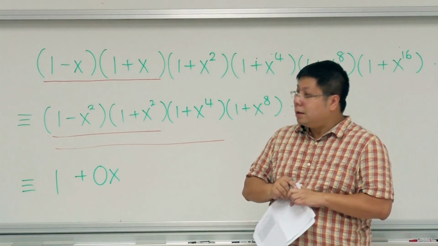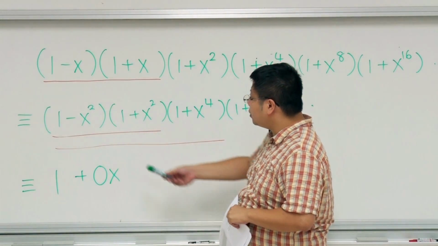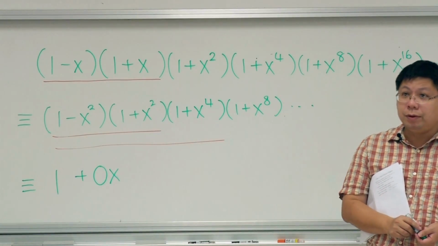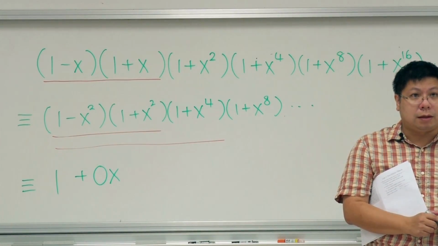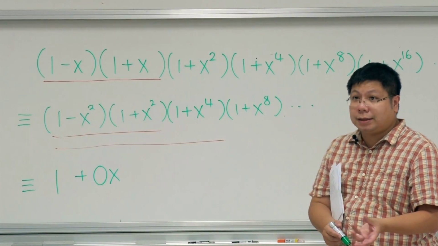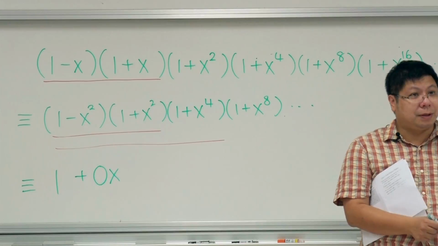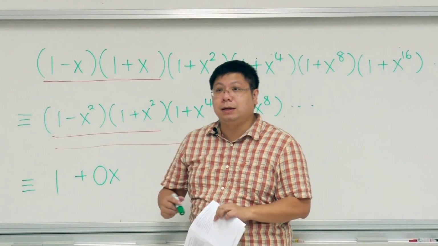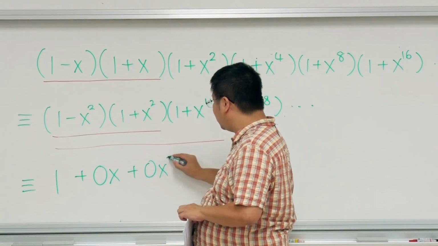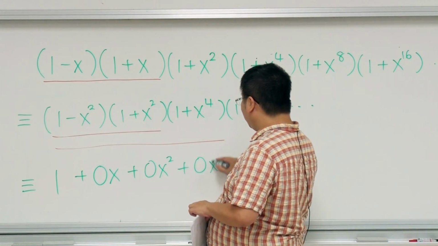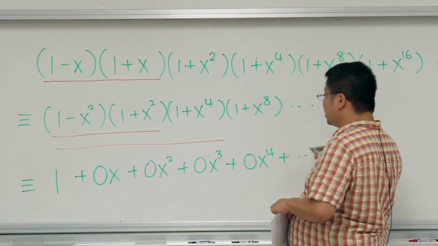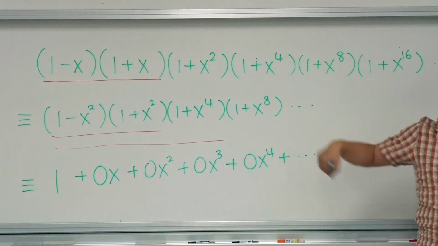Now, imagine when we combine these 2 together, it becomes 1 minus x to the power 4. Then we also discover that you can't have any x squared term, you can't have any x cubed term, because it is 1 minus x to the power 4 already. And if you look at this, it can go on forever. So it is going to be 0x squared, 0x cubed, 0x to the power 4, and everything 0 all the way.